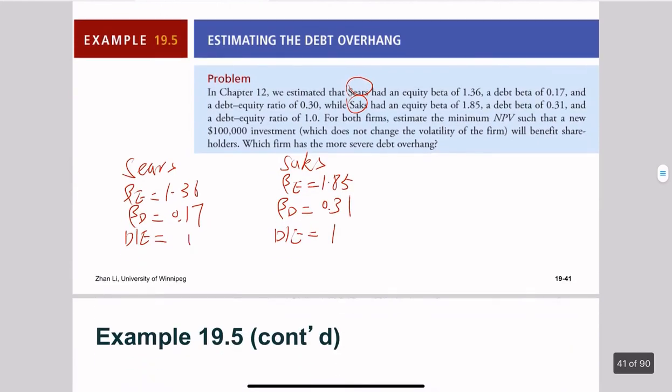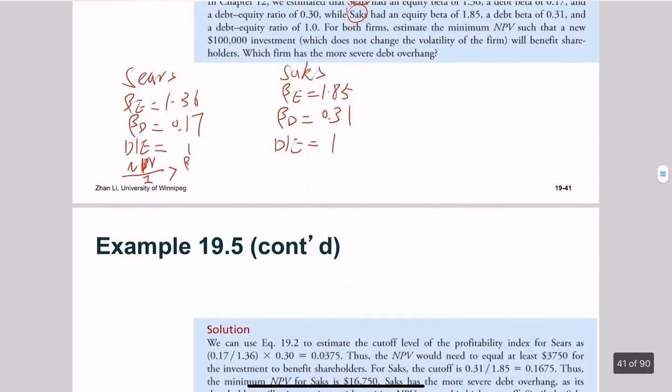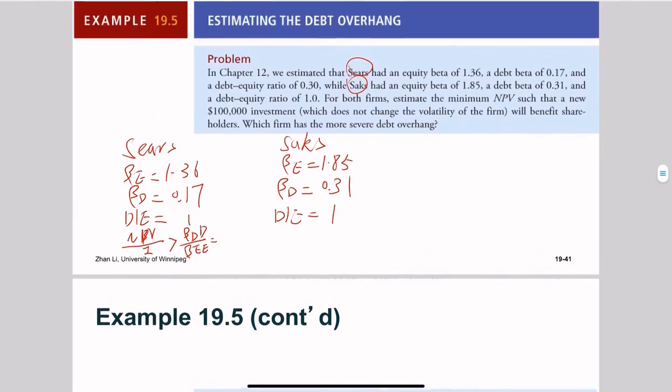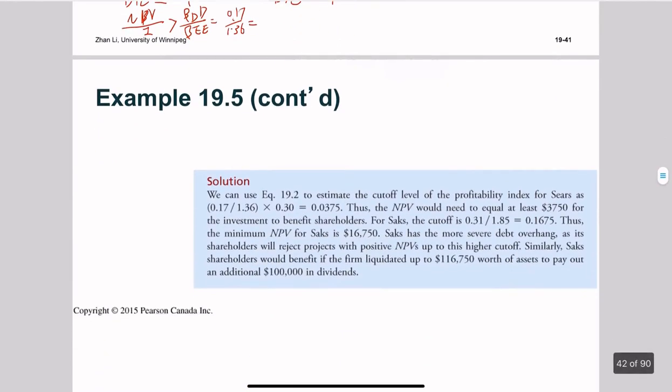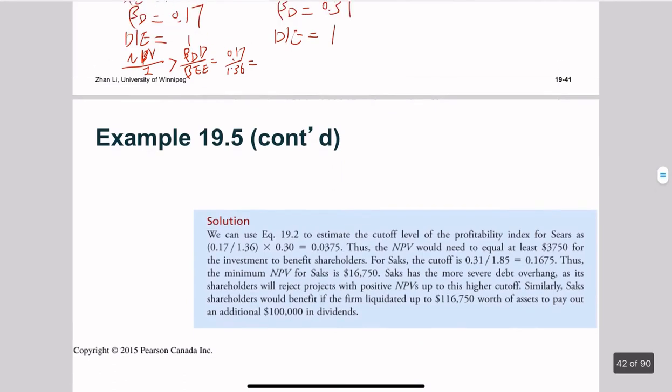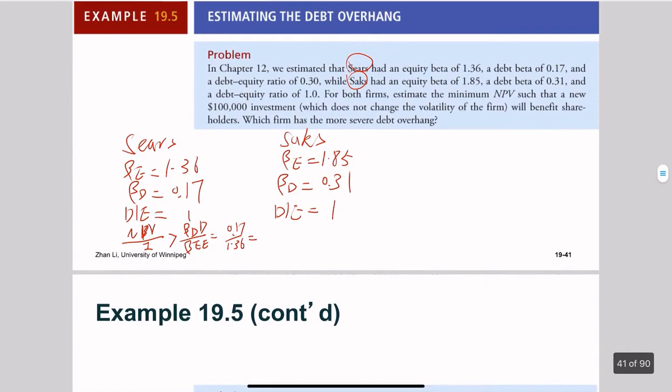NPV divided by I has to be larger than beta D, D over beta E, E. If we plug in numbers, this would be 0.17, 1.36, which gives us what? Oh, sorry. The debt equity ratio in Sears is actually 0.3.